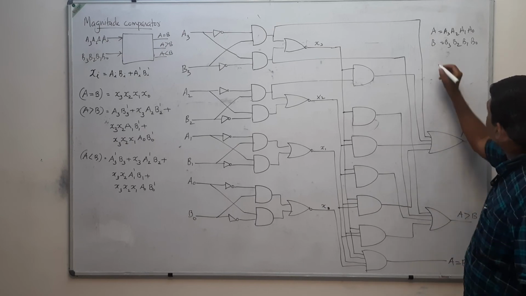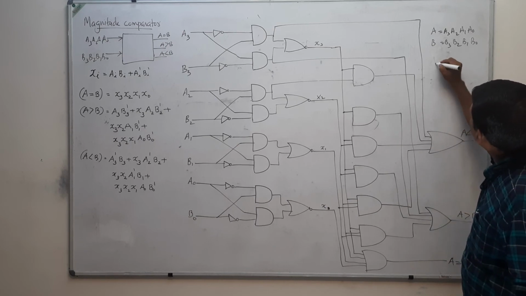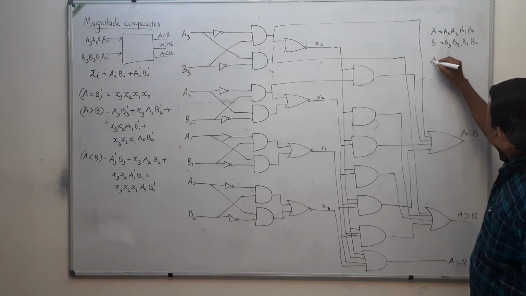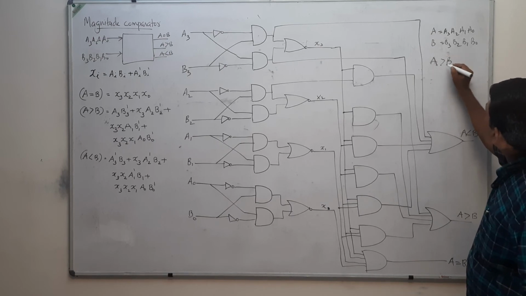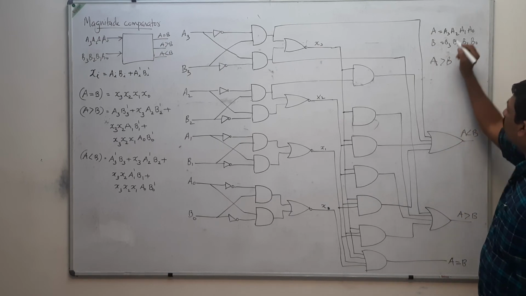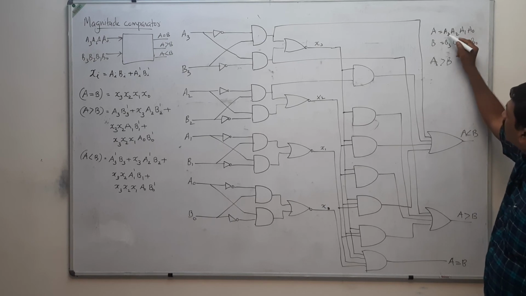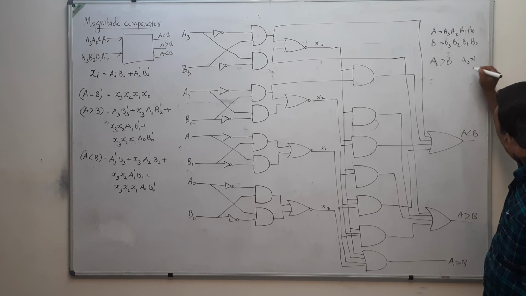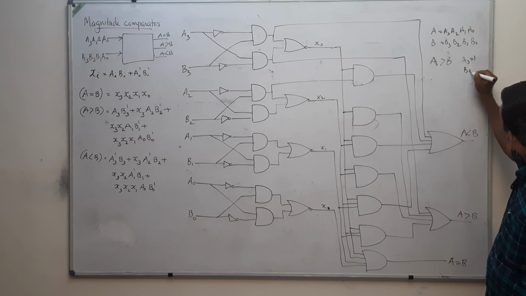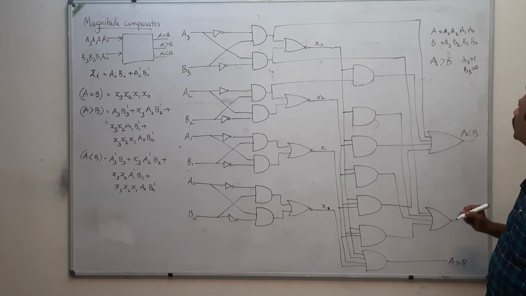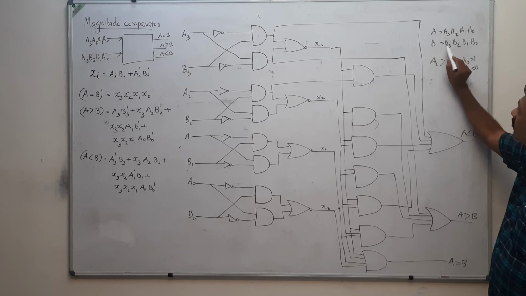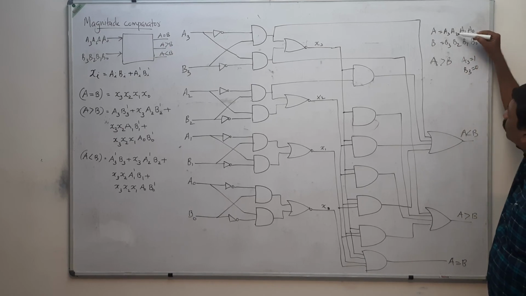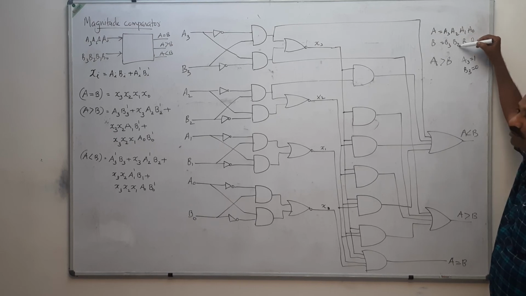If A is greater than B, either A3 is equal to 1 and B3 is equal to 0. Or if A3 and B3 are same, you have to verify whether A2 is greater than B2.